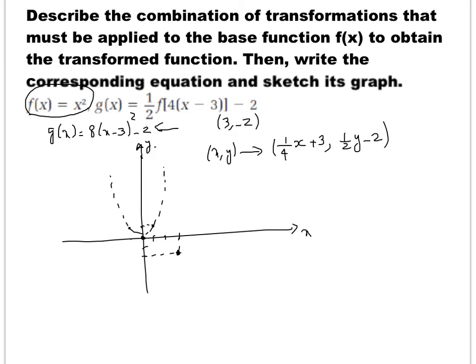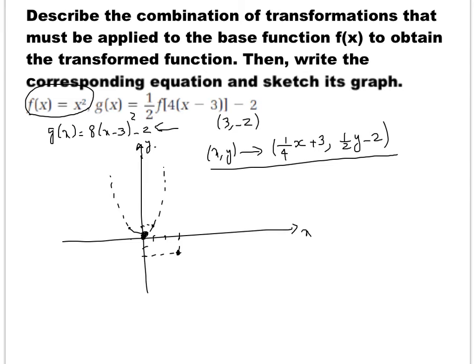Now I can use a couple of points from the original function and find the corresponding transformed points. For instance, we know that the origin is the vertex of the old one, so if I put 0, 0 in this mapping notation, I get 1 over 4 times 0, which is 0, plus 3 is 3. 1 over 2 times 0 is 0, minus 2 is minus 2.